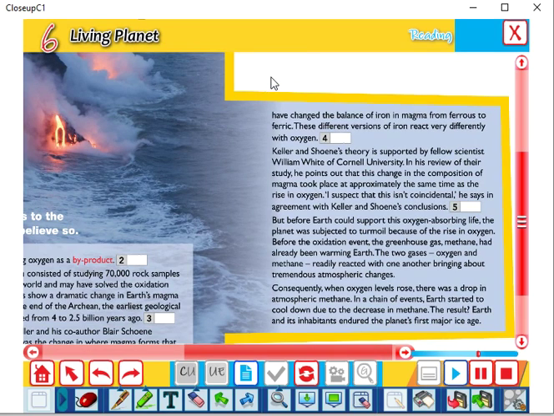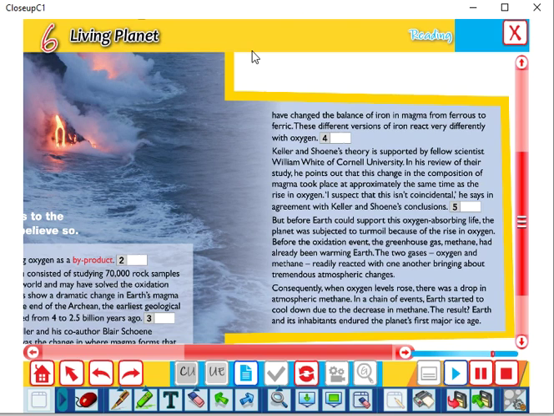Keller and Shern's theory is supported by fellow scientist William White of Cornell University. In his review of their study, he points out that this change in the composition of magma took place at approximately the same time as the rise in oxygen. I suspect that this isn't coincidental, he says, in agreement with Keller and Shern's conclusions.